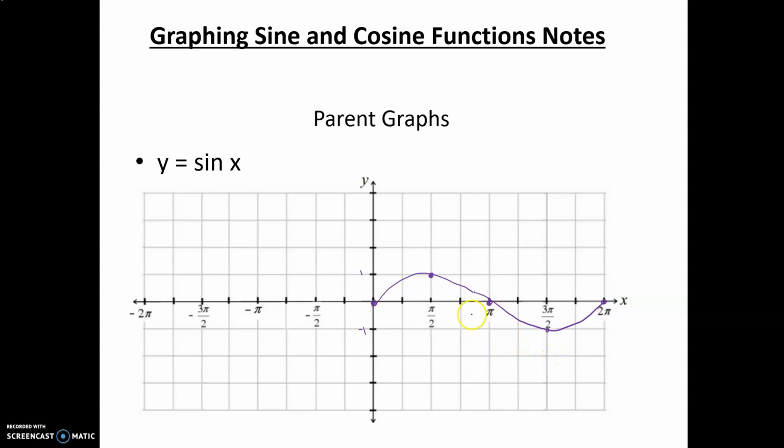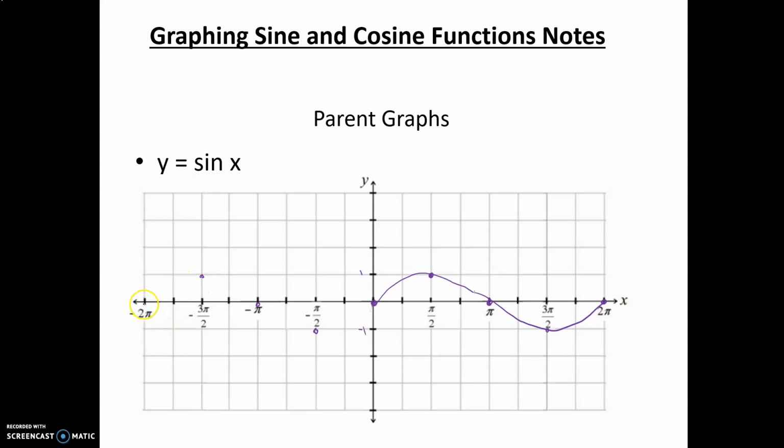Now, I did have you go to the left and a little bit further this way as well, because we went past 360, and we also did some negatives. So here, the sine of negative pi over 2 is negative 1. The sine of negative pi is still 0. Negative 3 pi over 2 is 1.